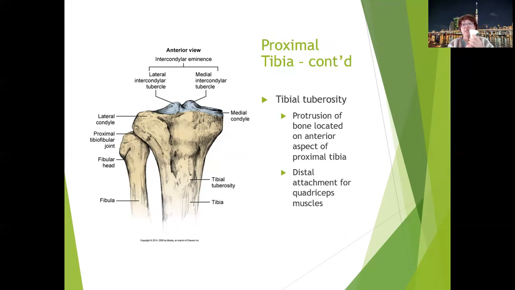The tibial tuberosity is the protrusion of bone located on the anterior aspect of the proximal tibia. It's the distal attachment for the quadriceps muscles. Osgood-Schlatter's disease is a bony pathology that often affects young people who participate in power sports involving jumping and running.